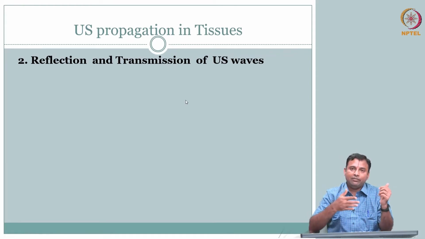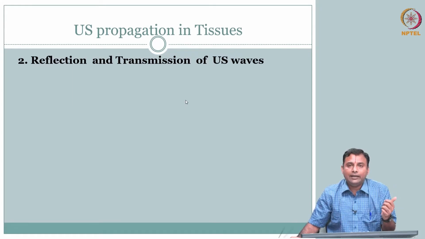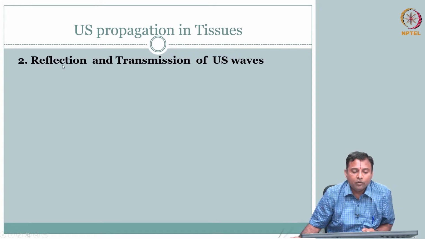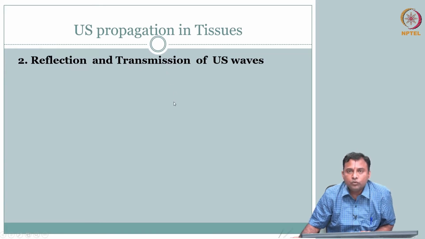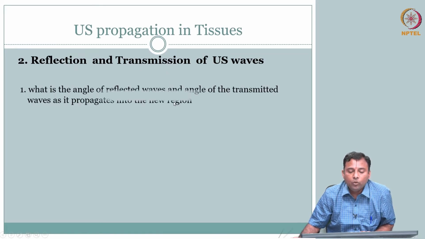I send the wave, and now the wave is going to go from one medium to another medium. Then how do I describe the interactions? So we are going to talk about reflection and transmission of ultrasound waves when it is going from one medium to another medium.